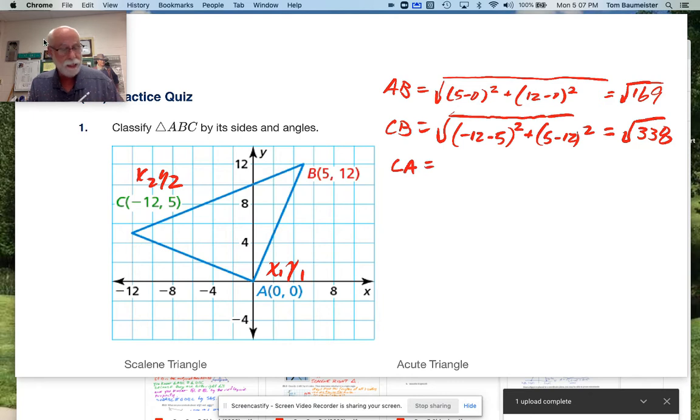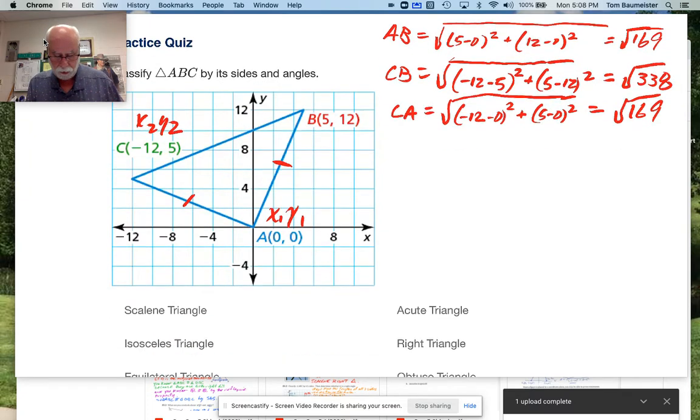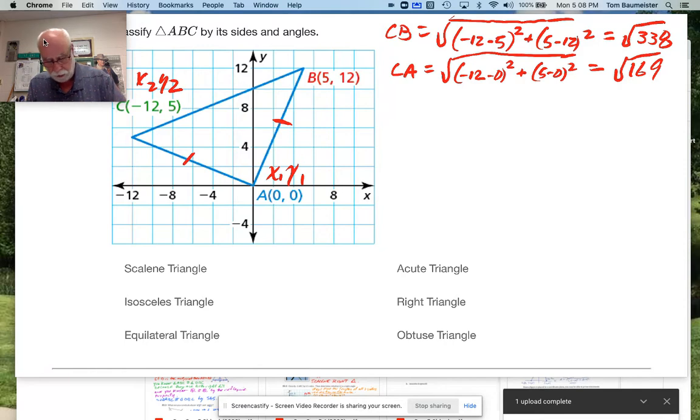And for the length of CA, I'm going to get the square root of negative 12 minus 0 squared plus 5 minus 0 squared. And on that one there, then I will get the square root of 169. So if we look at it, this length here is the same as this length here. The third one is not the same length, so we know that we have an isosceles triangle.